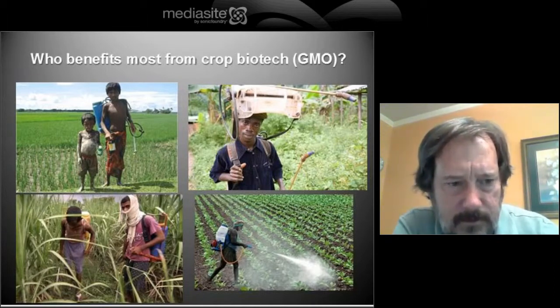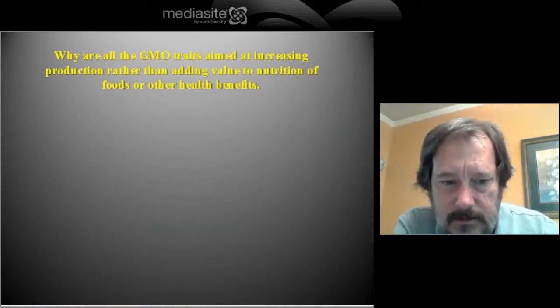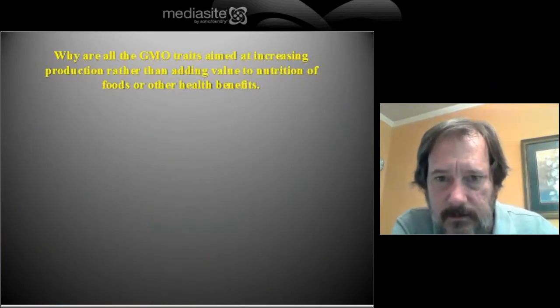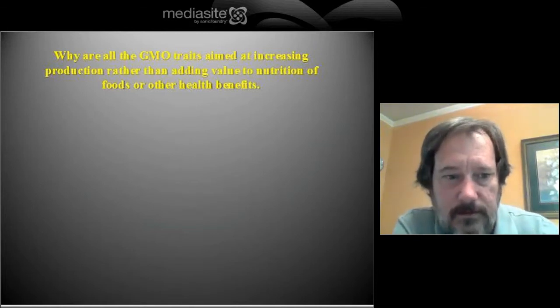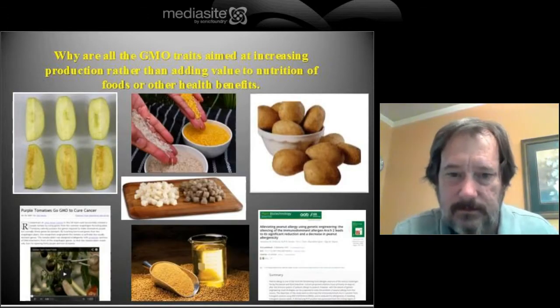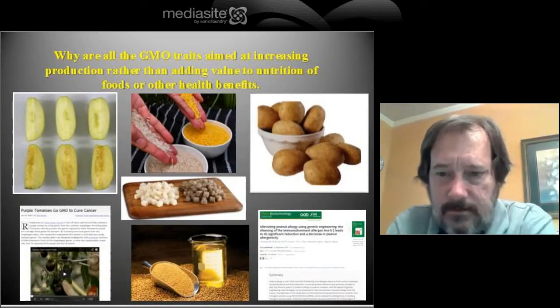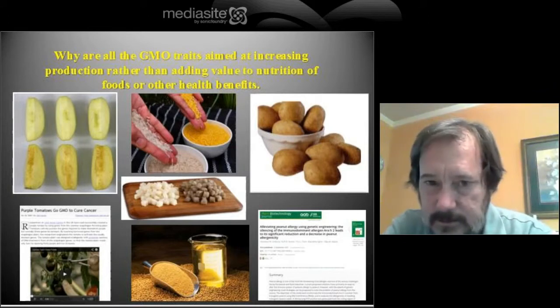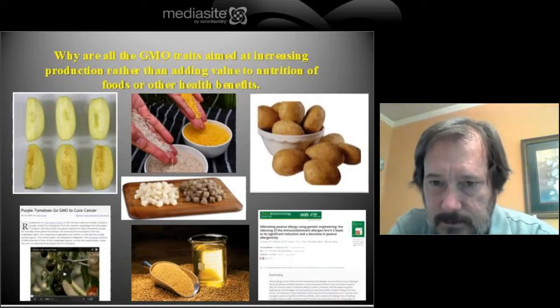So the related question that came in was: why are all GMO traits aimed at increasing production rather than adding nutrition, adding value to foods, or other health benefits? I think we've talked about several here that provide other benefits. You've got the Arctic apple on the top left, the golden rice on the top middle, and the cholera vaccine potatoes on the top right.